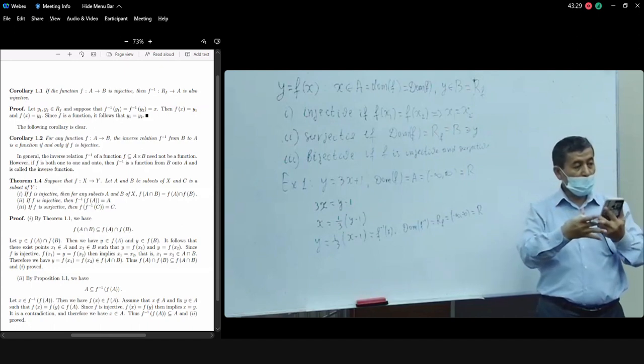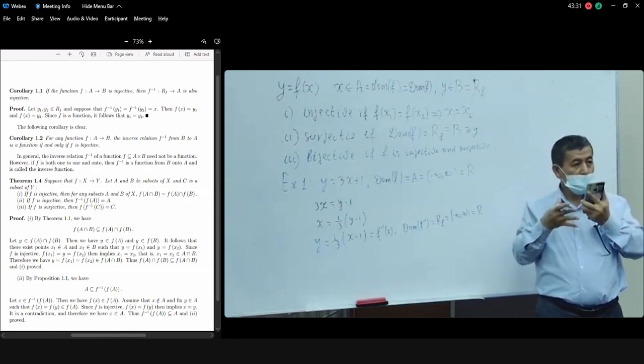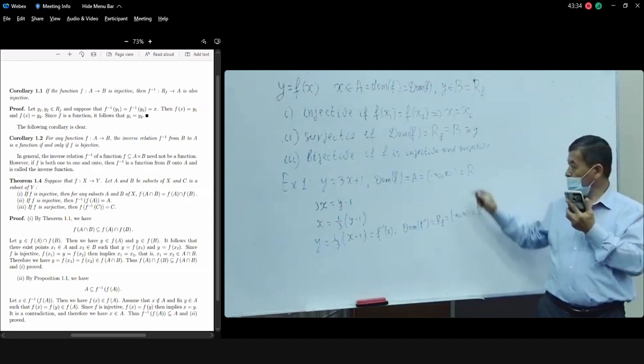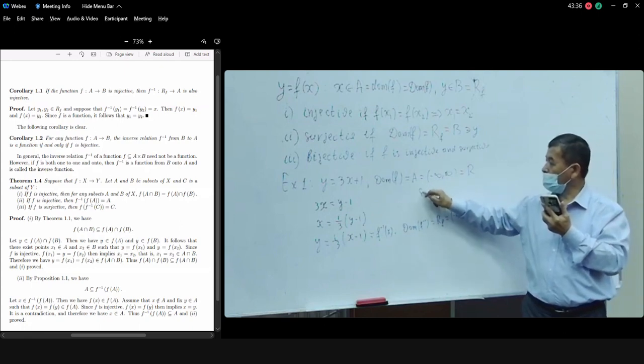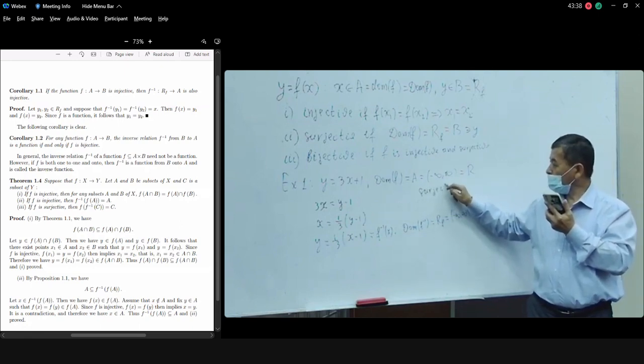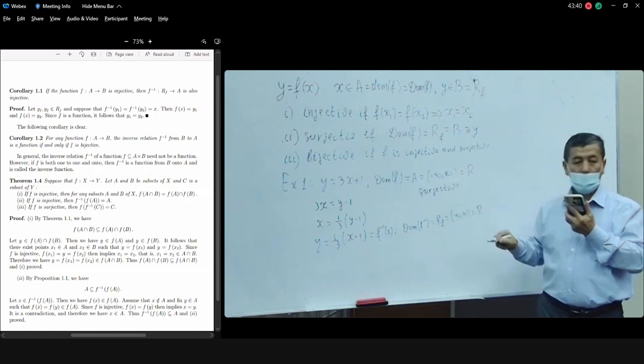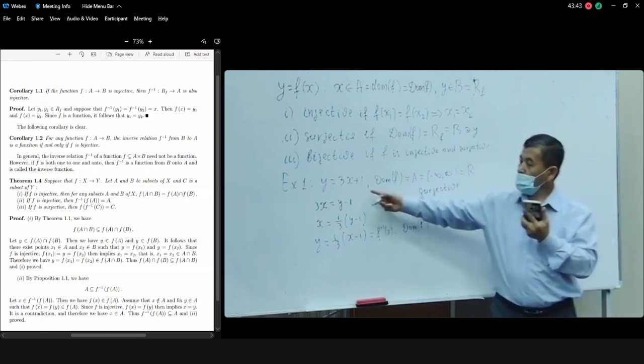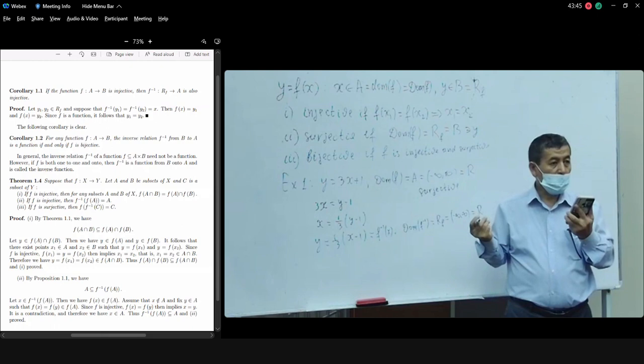So the range of f and the domain of f are the same. So this one shows it is surjective. Now this function is injective as well.